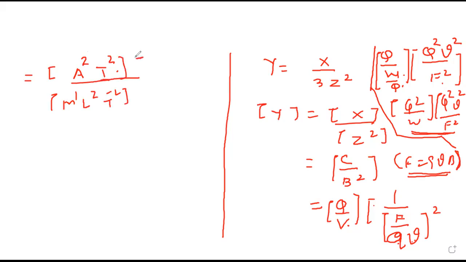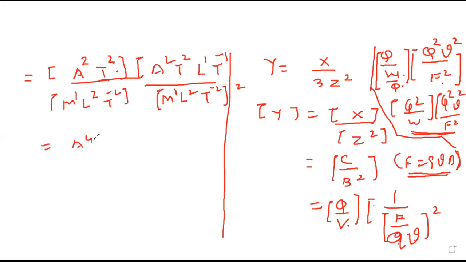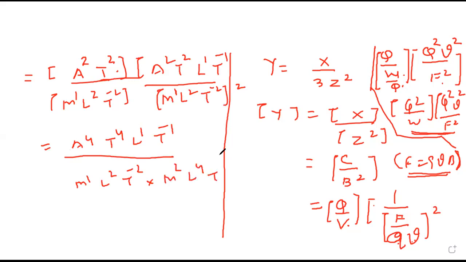Then that Q square will again be A square T square because it is IT. And velocity is meter per second. Force is M1 L2 T minus 2, square. So power 2. It will be A raised to 4 T raised to 4, L1 T minus 1 in numerator, denominator M1 L2 T minus 2, M2 L4 T minus 4. Followed?